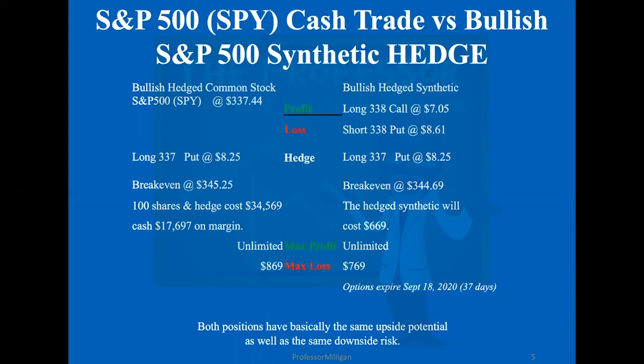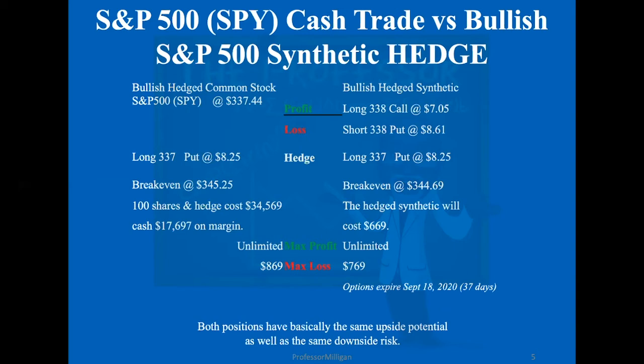On our long hedge position, we have unlimited upside potential. Our maximum loss is $869, and that's if the stock, I guess, goes straight down. So in other words, the most we can lose on this transaction, if we buy this stock and hedge it, is $869.